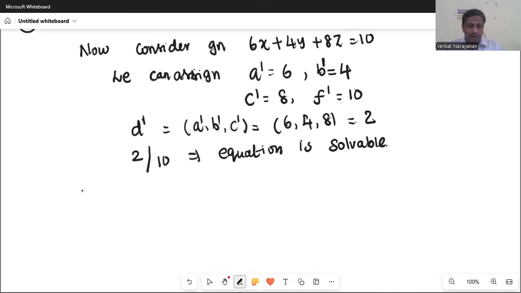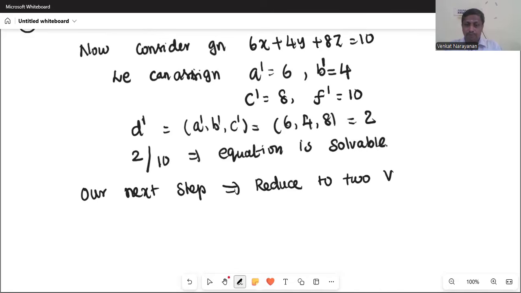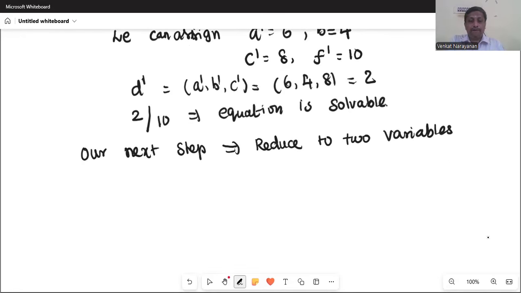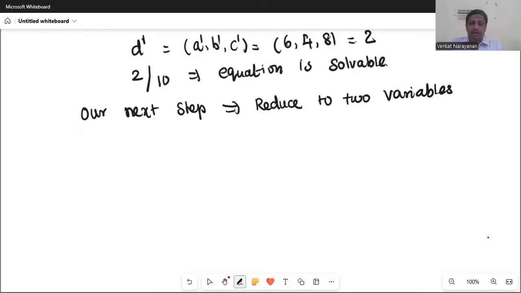Now, our next step is to reduce the problem to two variables. How to solve it? First, we consider the equation 4y plus 8z.